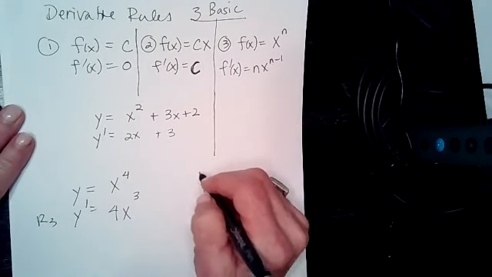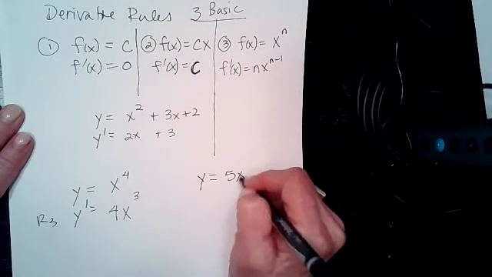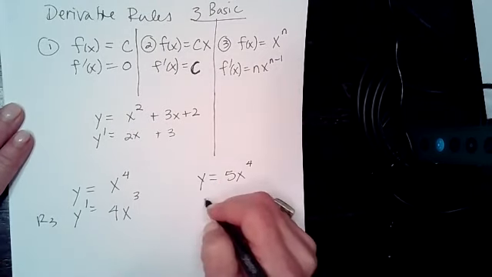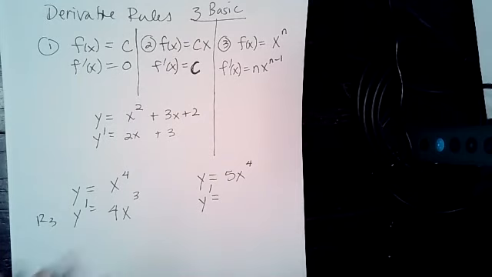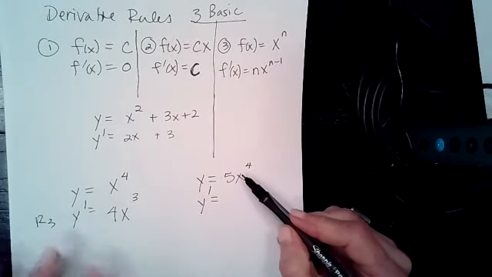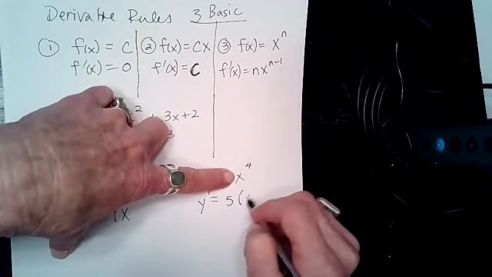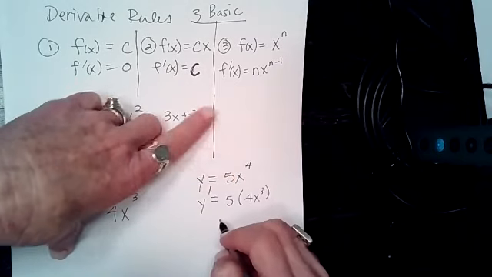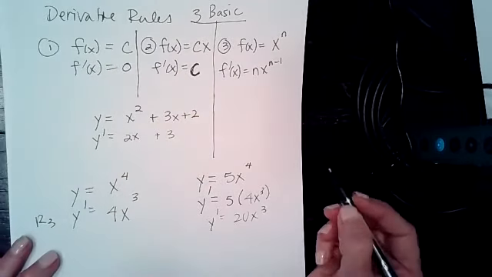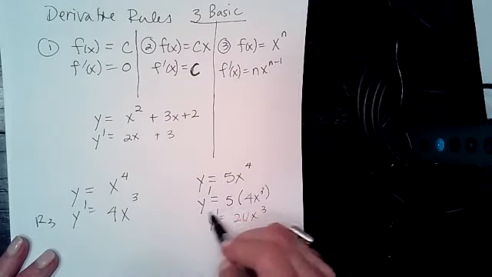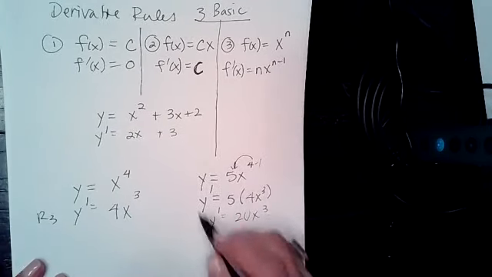Okay, so for the constant times a function rule, if y is 5x to the 4th, the derivative is 5 times the derivative of the variable term, 4x cubed. So the derivative was 20x cubed, right? Well, yes, but we didn't go through this step. We just went, boom, 5 times 4 is 20, minus 1, and we got right to here.